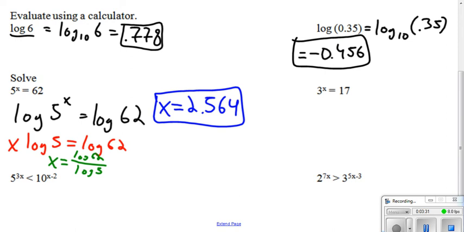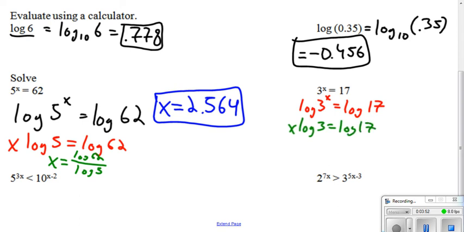Similarly, if we have 3 to the x power equals 17, let's again take the log of both sides. Log of 3 to the x equals log 17, which means x times log of 3 equals log of 17.